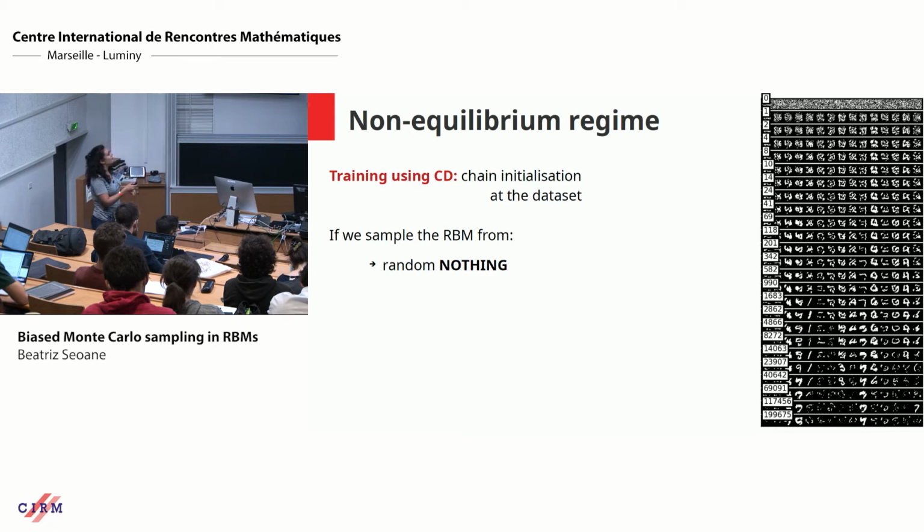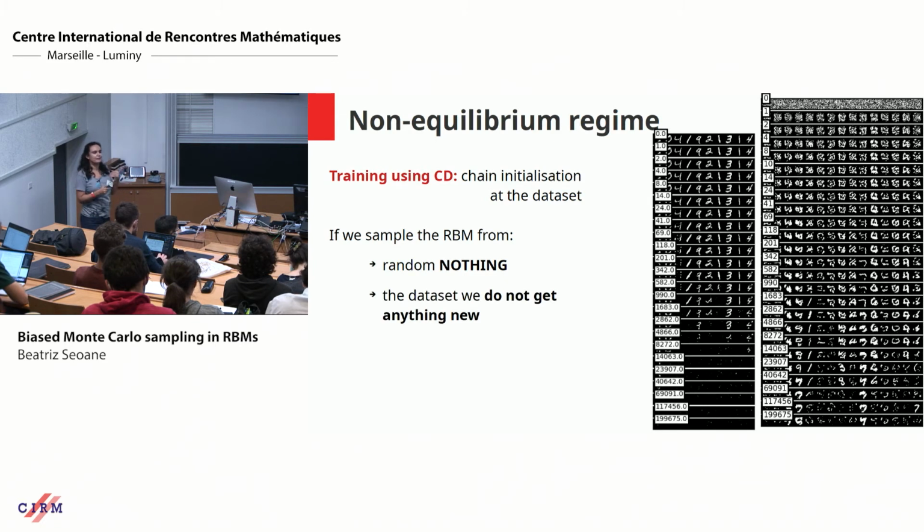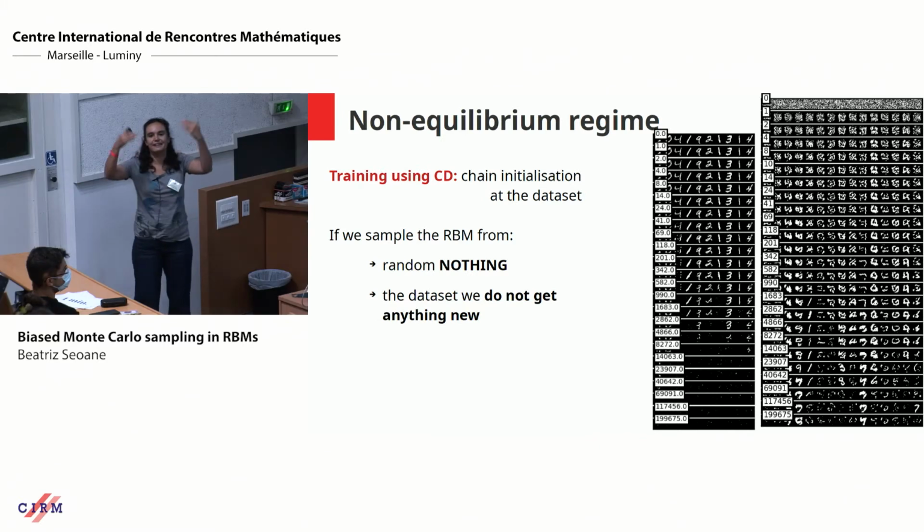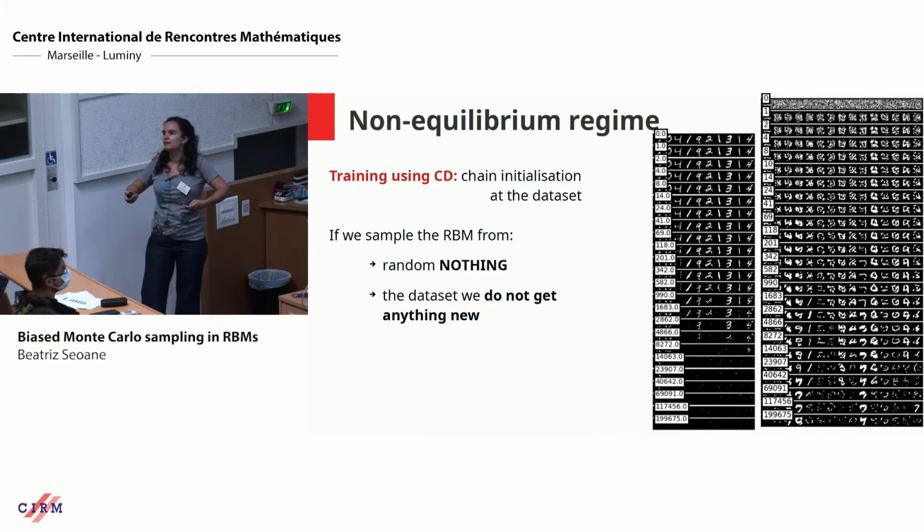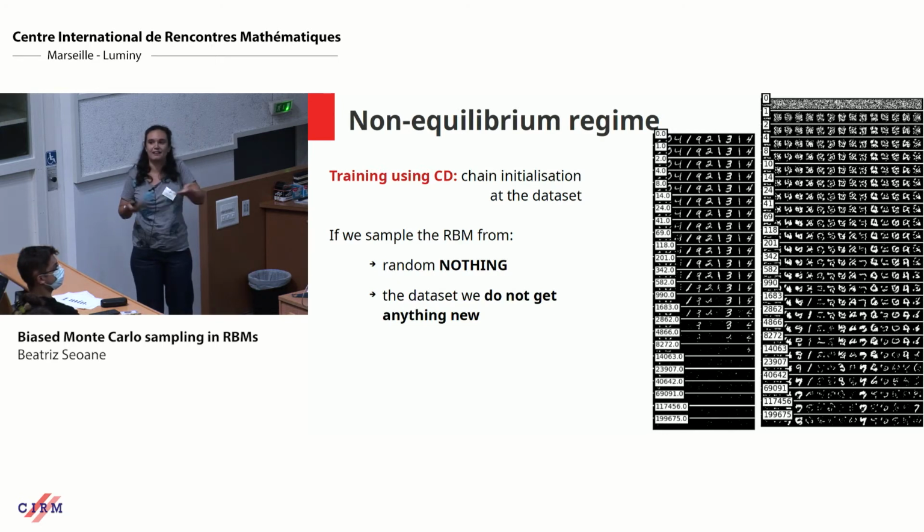But we could say, let's repeat the same procedure that was used during the learning, so I can also initialize from the data set. But what do we find? If we initialize from the data set, basically we get the same numbers we had in the data set and nothing else. At a certain moment, at long times, they are going to even disappear. So we have a machine that does numbers, but does the numbers that we already gave it. So contrastive divergence is completely useless, I would say.